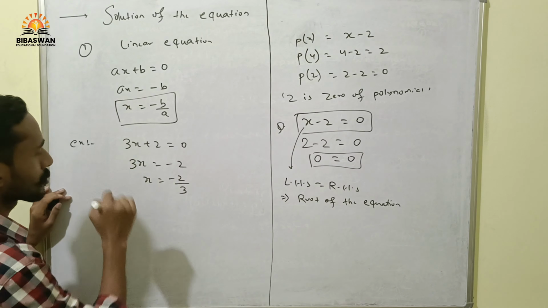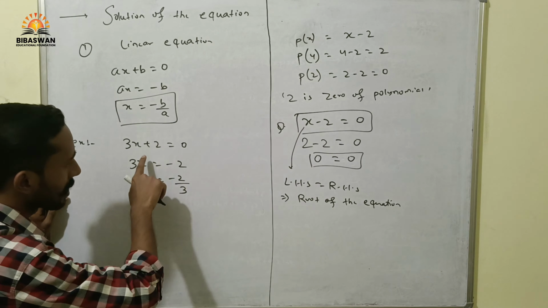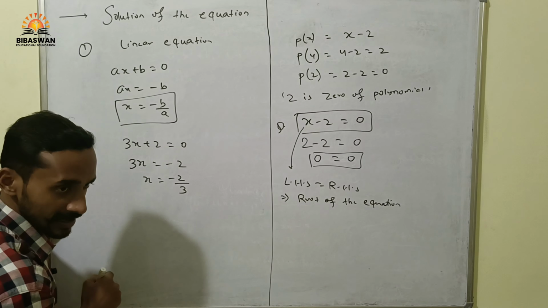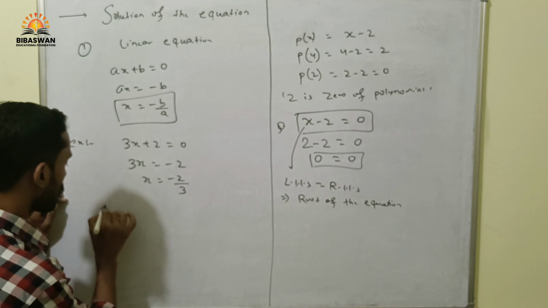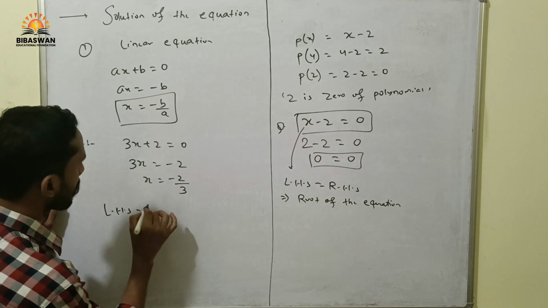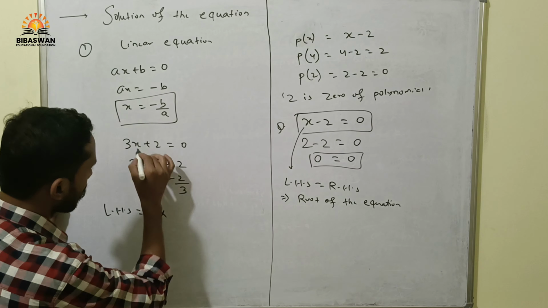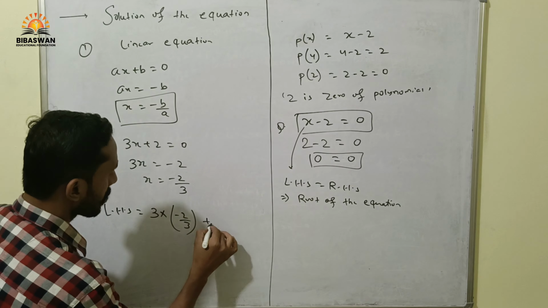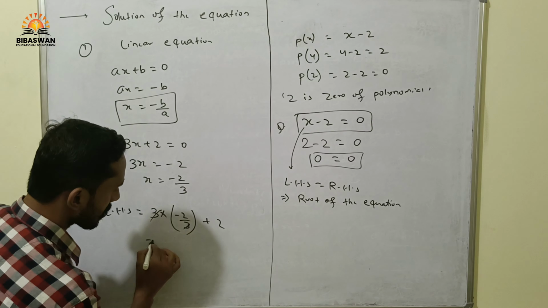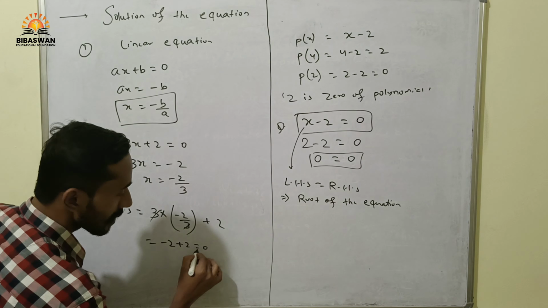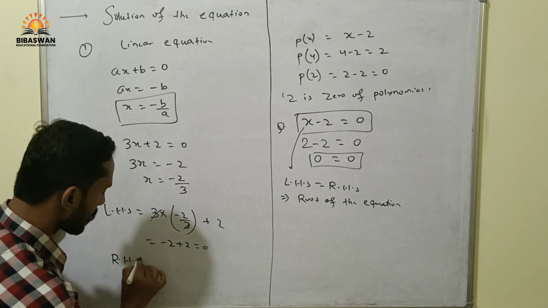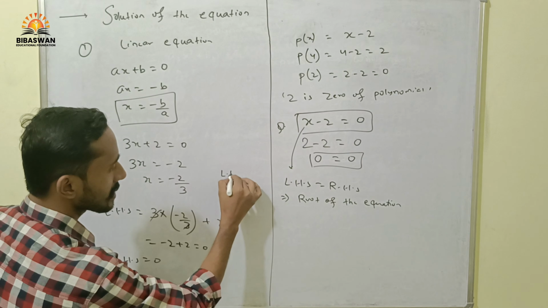If you put minus 2 by 3 in this equation, you see it satisfies LHS equals RHS. What is LHS? 3 multiplied by minus 2 by 3, plus 2. The 3 cancels. Minus 2 plus 2. What is the value of LHS? 0. And what is the value of RHS? 0. Does it satisfy LHS is equal to RHS?